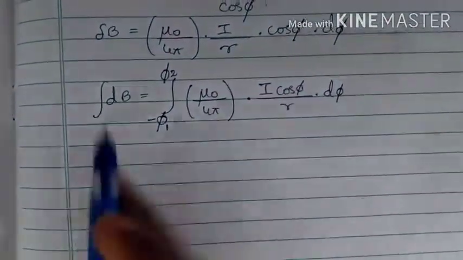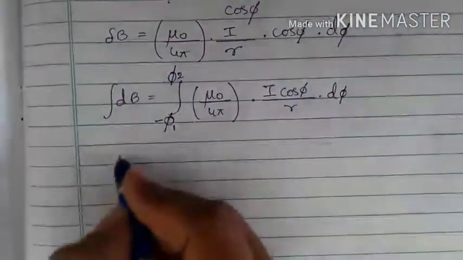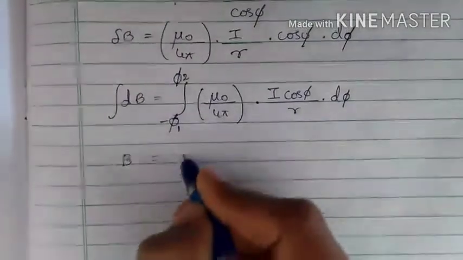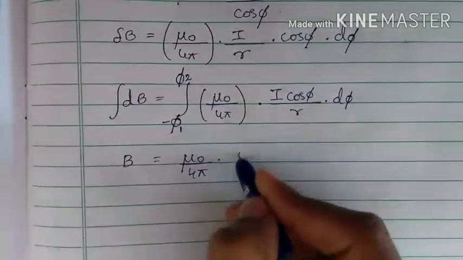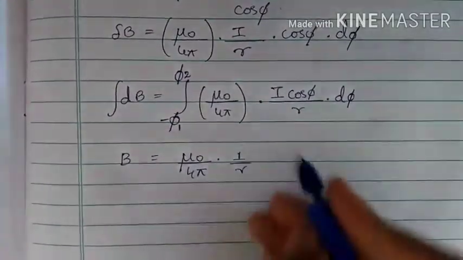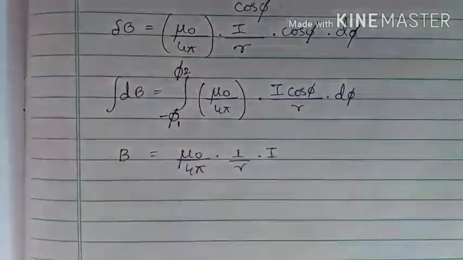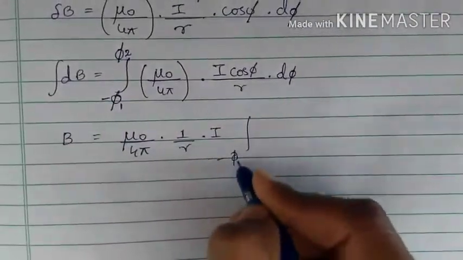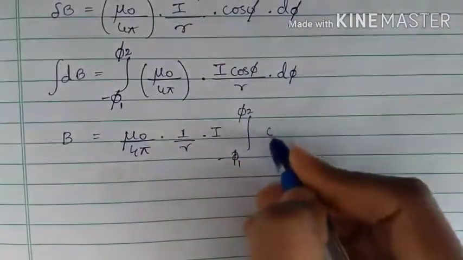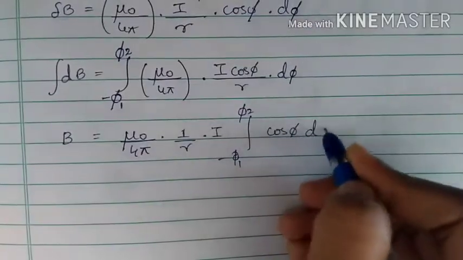So now let us integrate. Integration of dB will be B. Here mu naught by 4 pi into 1 by r into I will be constant. What will be left is the integration from minus phi 1 to phi 2 of cos phi d phi.